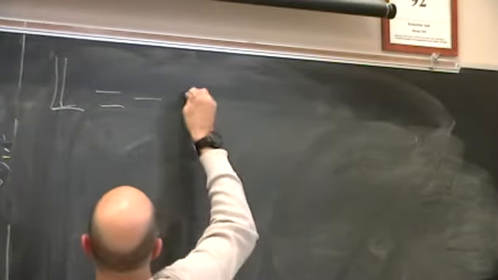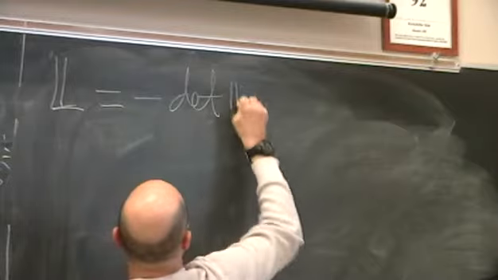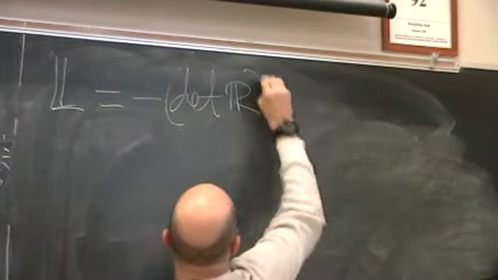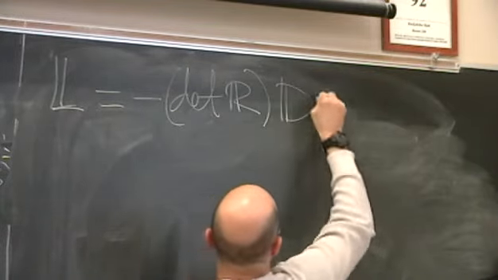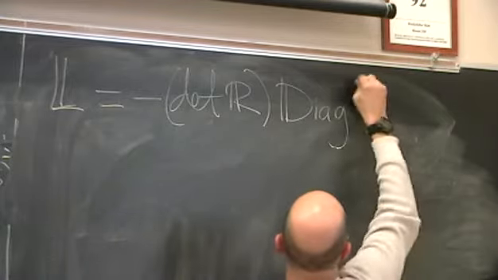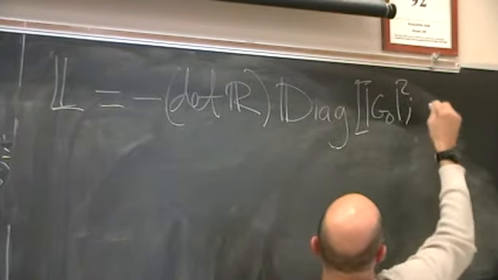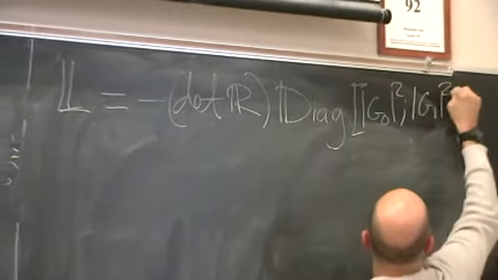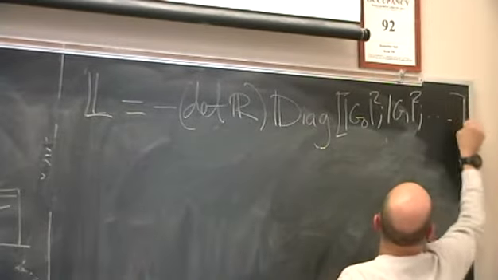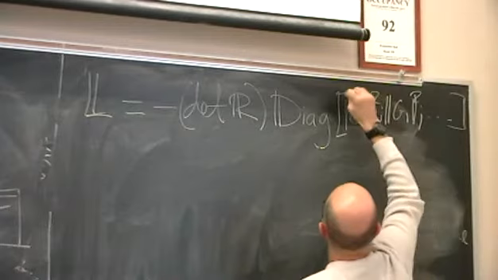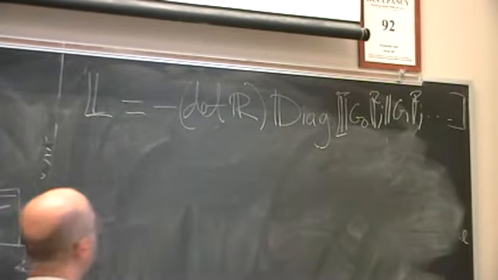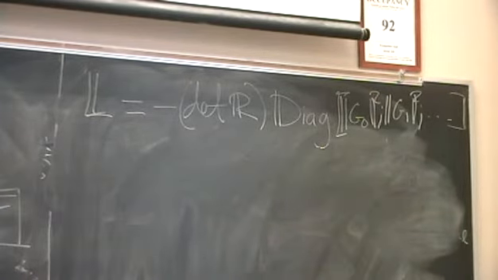This is minus G squared. There was the volume factor, det R, and then it was diag of the G squareds. G0 squared stacked G1 squared to make the column vector, like so. Now, we have to invert this.